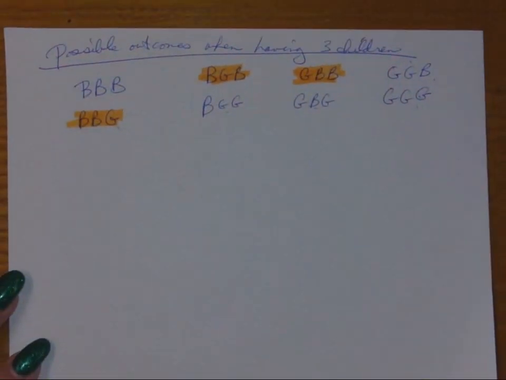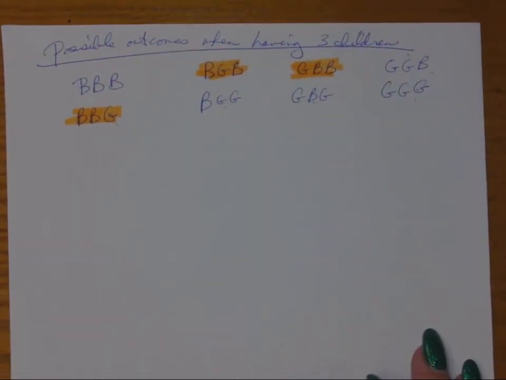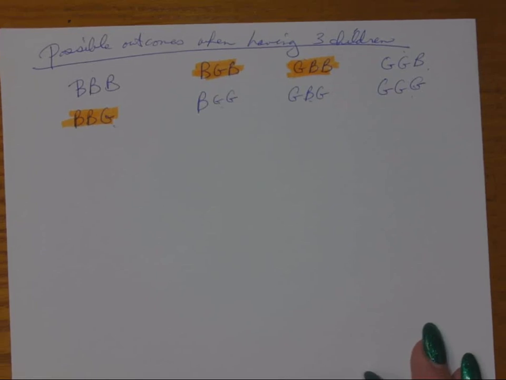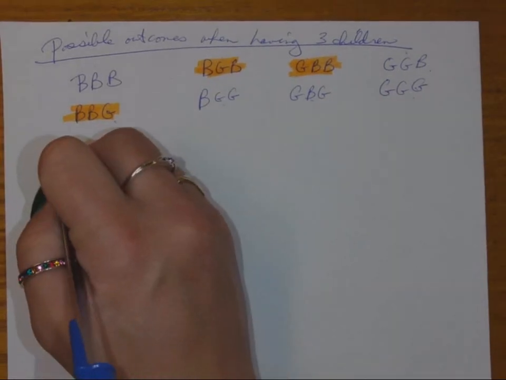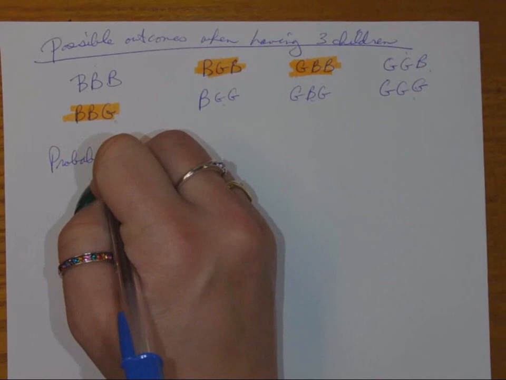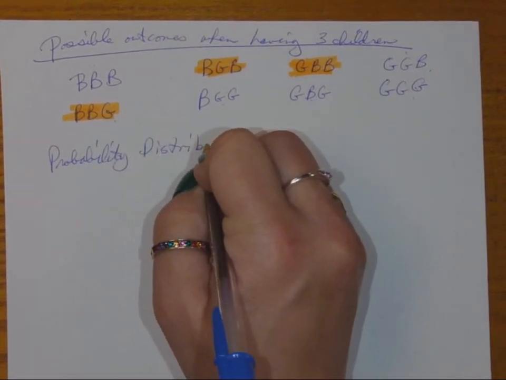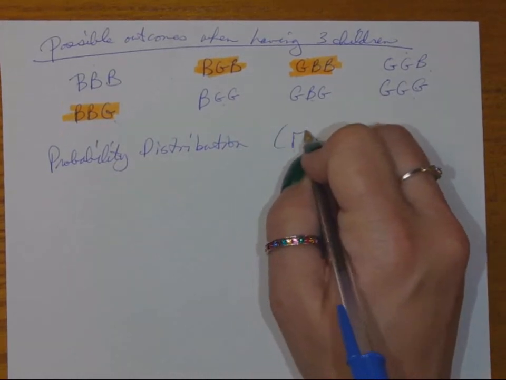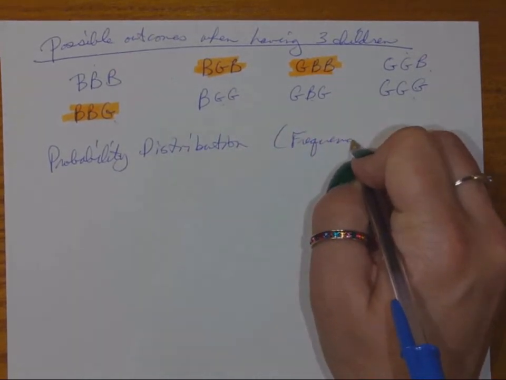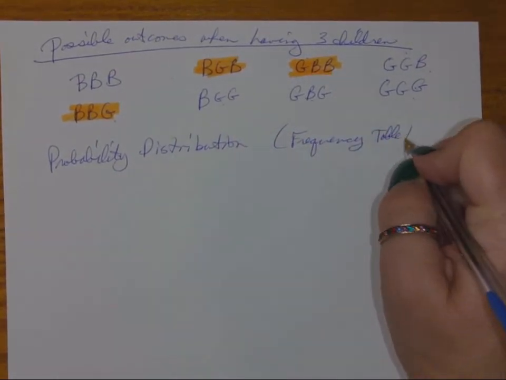Okay. So the next thing we're going to do, looking at this right here, I'm just going to take this one a little bit of a step farther, is that we're going to talk about something called a distribution table, probability distribution. You can think of this as a frequency table for probabilities.